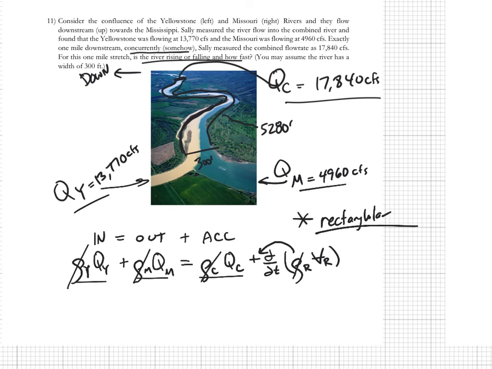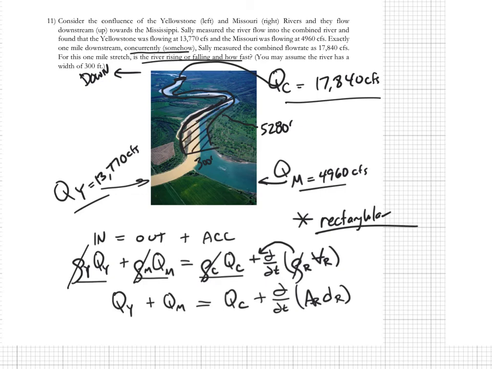So QY plus QM equals QC plus dV_R/dt. But I'm going to make this the area of the reach times the depth of the reach, with this area A_R being the surface area, because whether it's going up or down is in the other dimension. So it seems like we've got everything we need here.